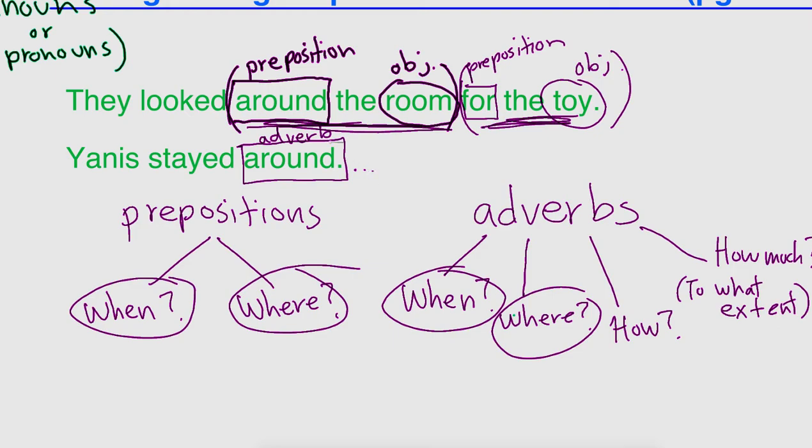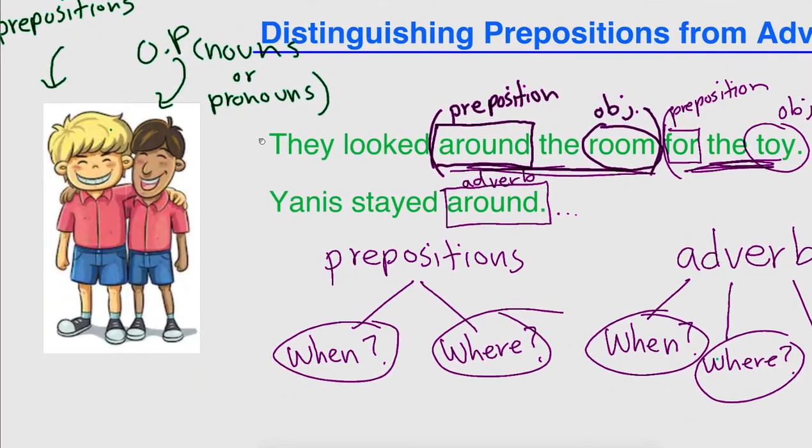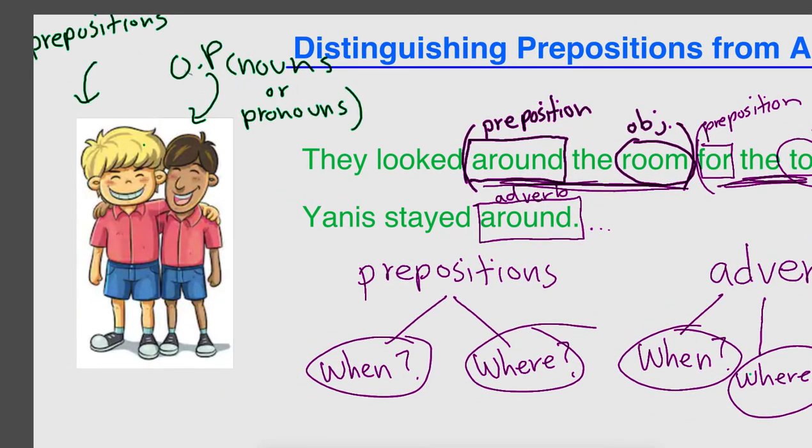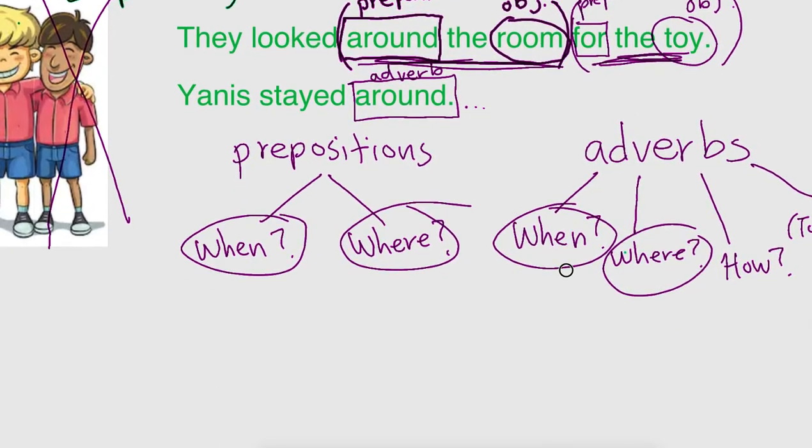If there's no object of the preposition, then this cannot be a preposition. It's an adverb. Prepositions need an object, a noun or pronoun, that they refer to. Without it, it's not a preposition, it's an adverb. I'll go over more examples. I know that's probably kind of confusing.